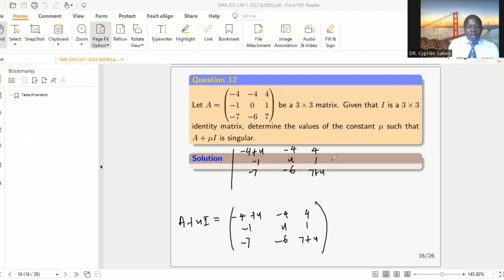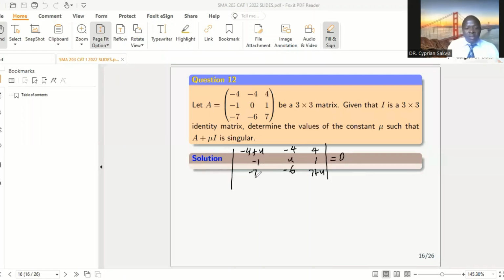I want this determinant to be 0. Now I think of ways of making my work easier because I'm finding determinants. One may choose the longest way, but I want to choose the shortest way by making my work easier. I want to create zeros in a longer row or a longer column, as many as I can.